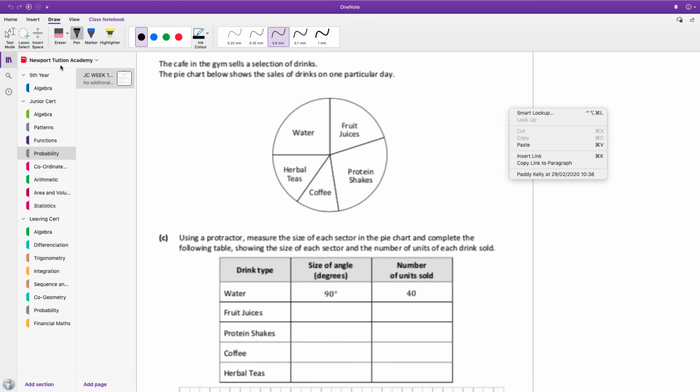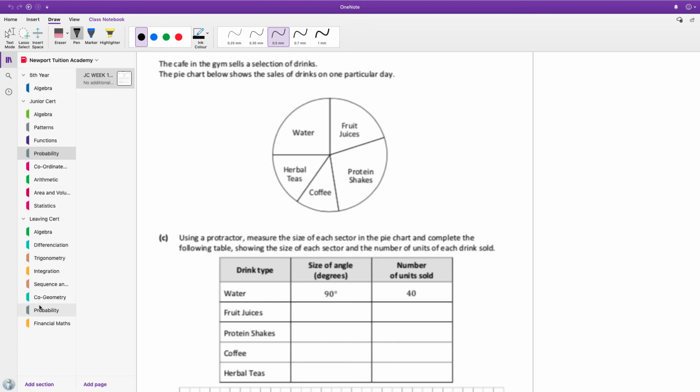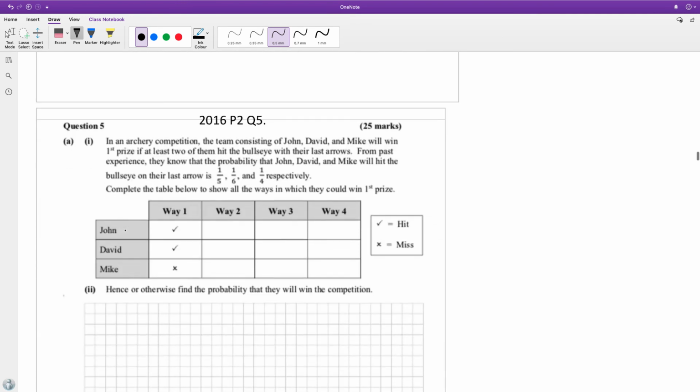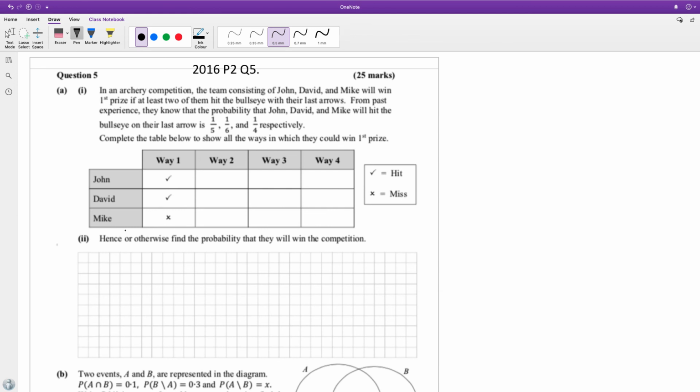Right. Well, I'm trying to figure out what's working on that. 2 seconds. What the hell's going on here? I'll come back to that in a second. Have a go at this, please.